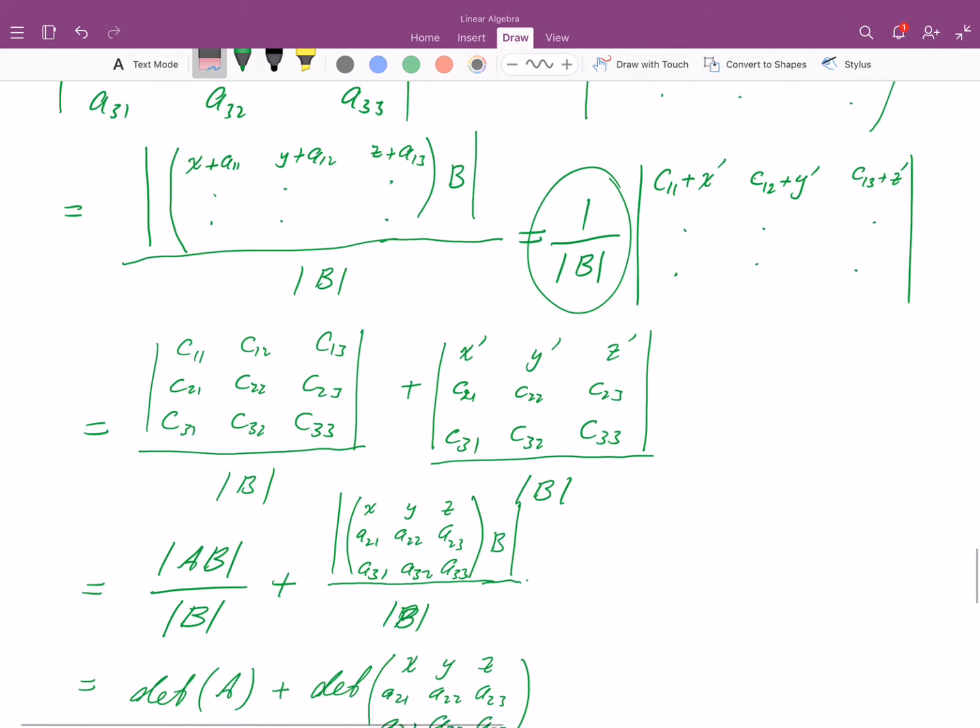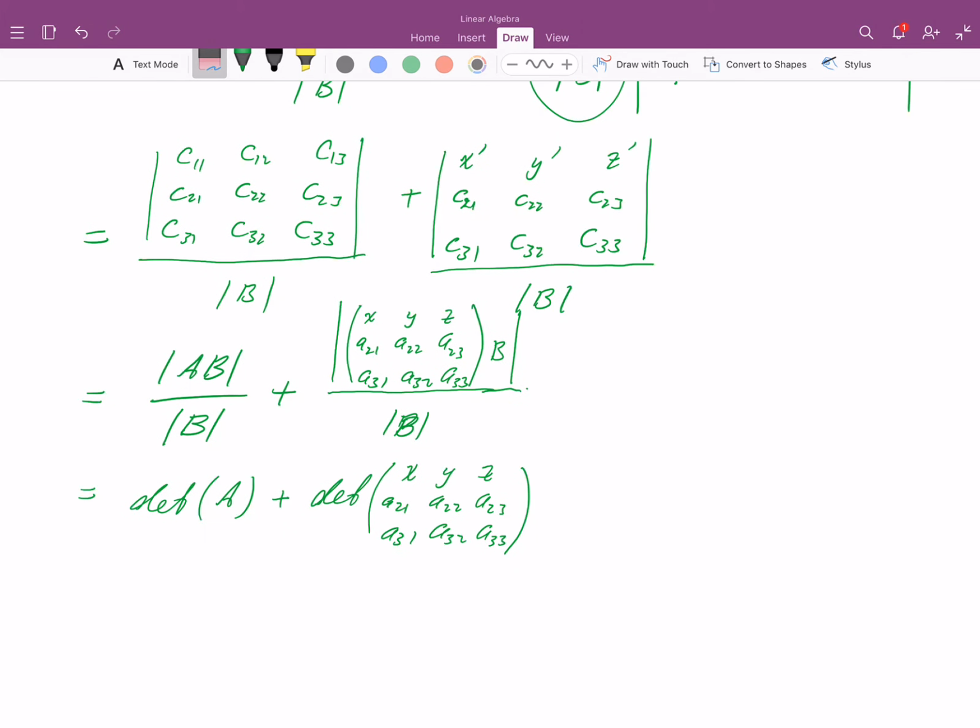Okay, so you can break it up as the determinant of the ones without the x, y, z's, keeping the second and third row unchanged. That's right here. And the determinant with the x, y, z's, but without the other a's, and keeping the second rows unchanged. So this follows the linearity.